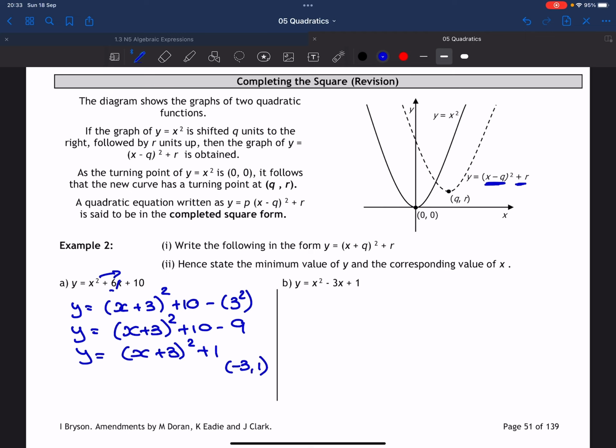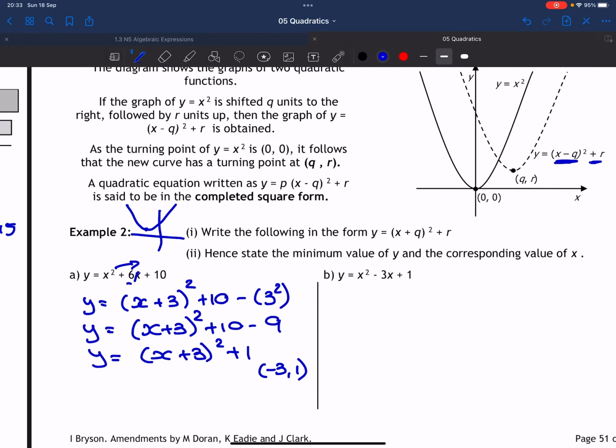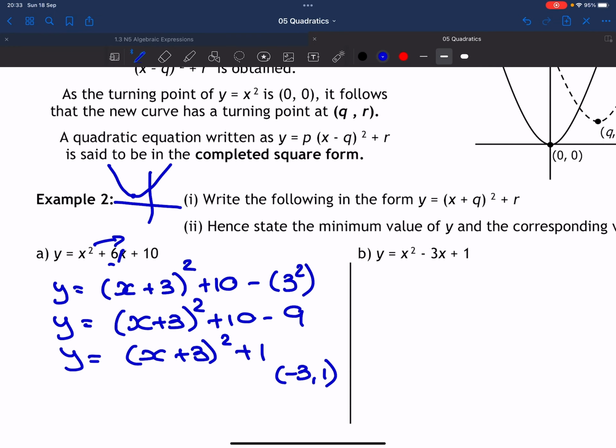So if we think about this parabola, it's a parabola that's got a turning point at minus 3, 1, and it comes down to here and then goes on. So the minimum value is how low this parabola gets. This parabola never gets any lower than the y value of 1.